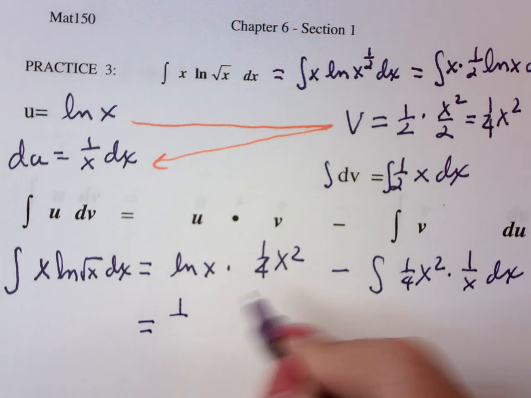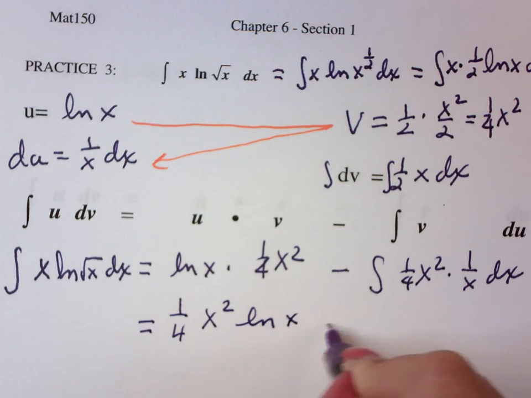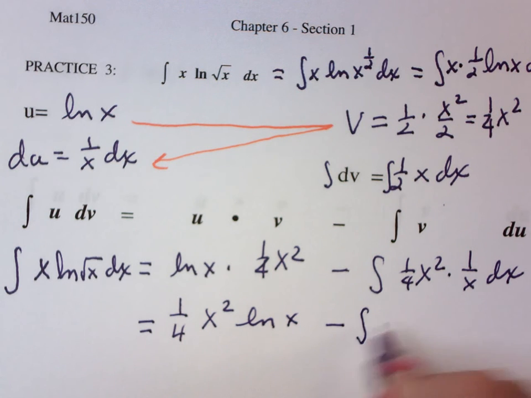So I always put the variable in front of the natural log of x. And this is 1/4. What's x squared times 1 over x?